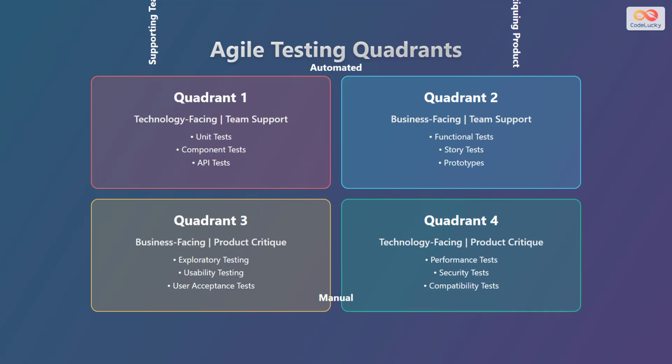Quadrant 3, business-facing and product critique, includes exploratory testing, usability testing, and user acceptance tests. Finally, Quadrant 4, technology-facing and product critique, includes performance tests, security tests, and compatibility tests. The top row are automated and the bottom row are manual. The left column supports the team and the right column critiques the product.